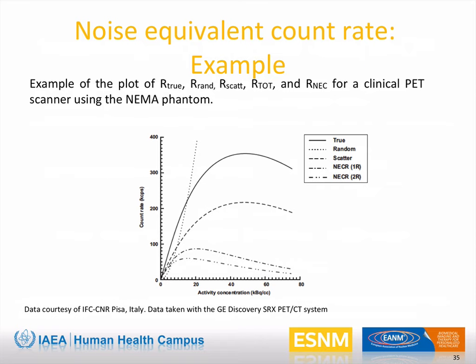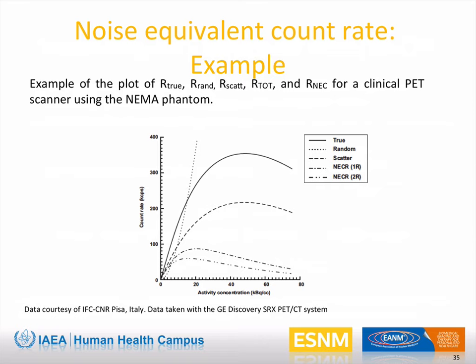In this slide, you can see an example of true, scatter, random, and noise equivalent count rate curves as a function of the activity concentration obtained with a NEMA NU2 procedure on a real system. Noise equivalent count rate data are produced for both extreme cases of k equal to 1 and k equal to 2.